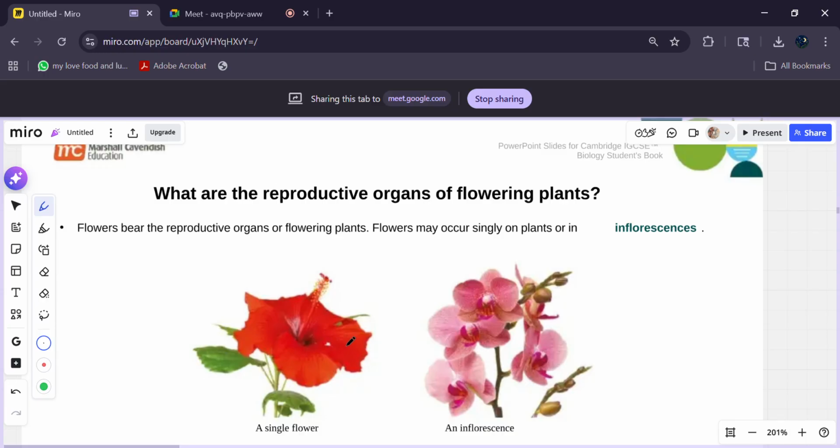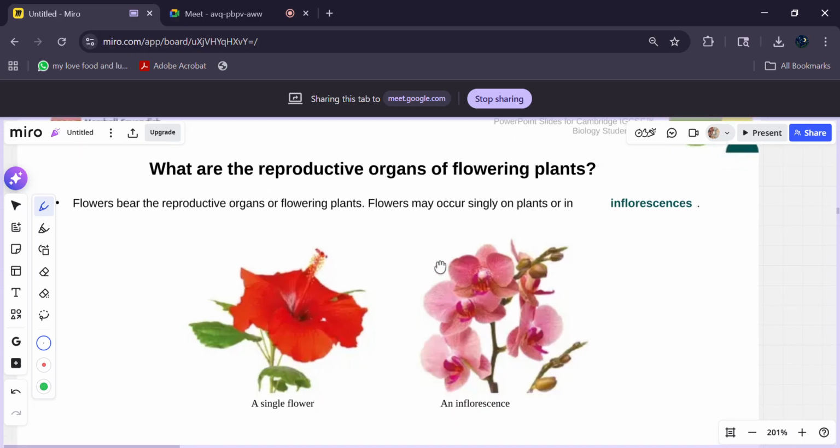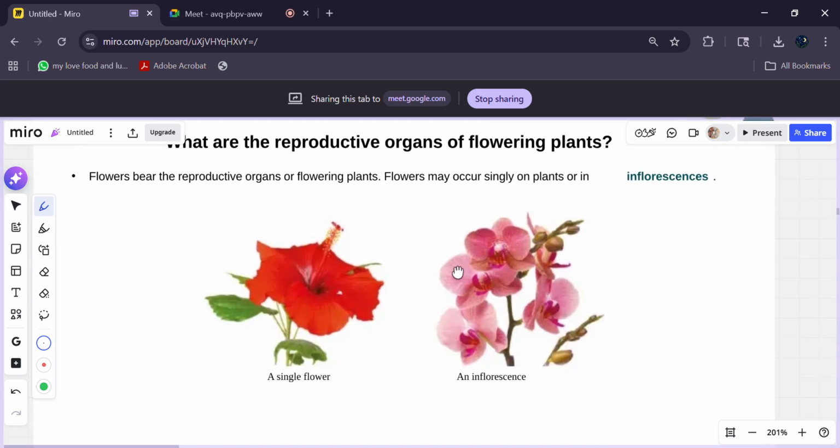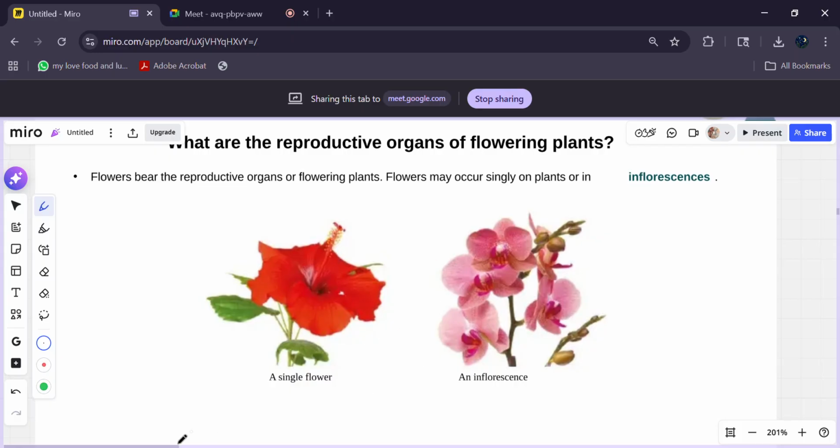Flowers bear the reproductive organs of flowering plants, and flowers may occur on plants as a single flower or an inflorescence. So every plant actually has flowers. It's just different types. Even fruits contain flowers.